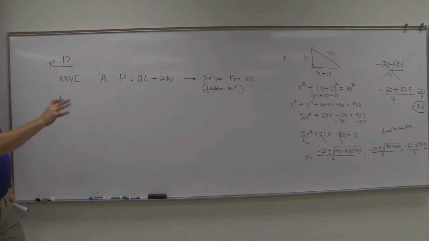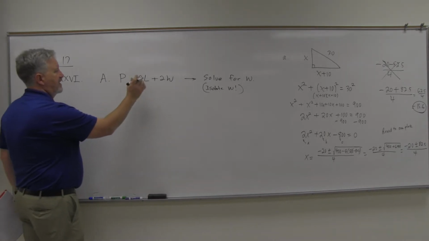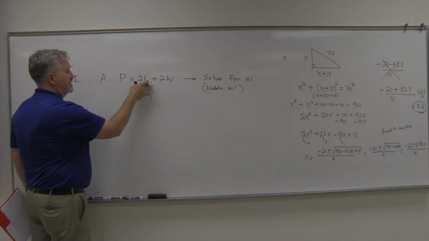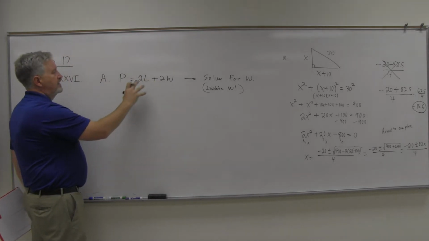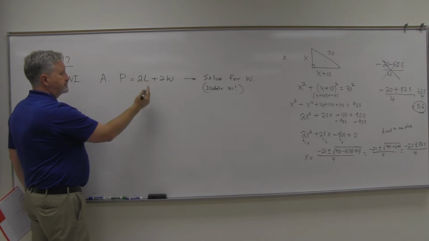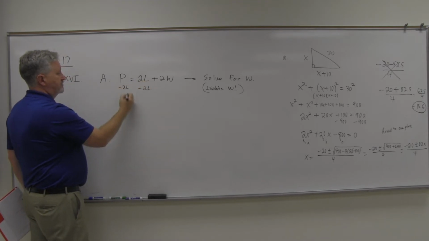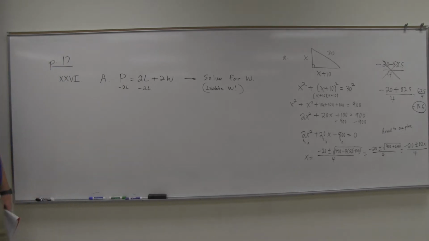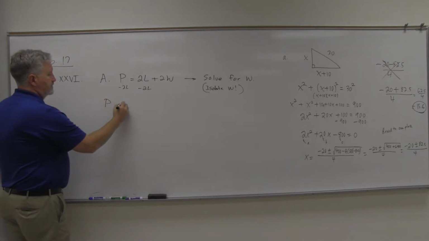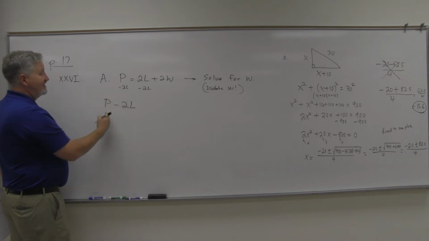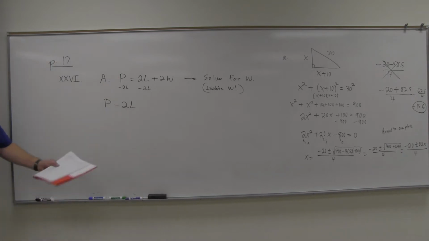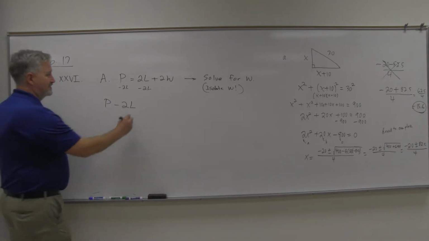All right, so if you look at the right side, I've got the L term and the W term, so I need to get that L term to the other side. And the way I would do that is subtract it. So the first step here is subtract that L term, subtract the 2L. And of course, that being a P, you can't combine those. They're two different terms, not like terms.